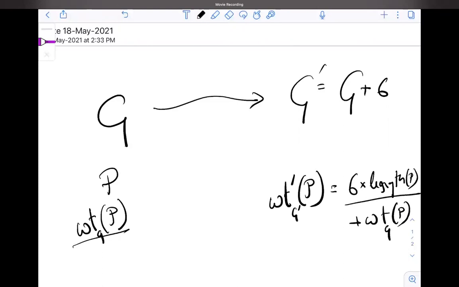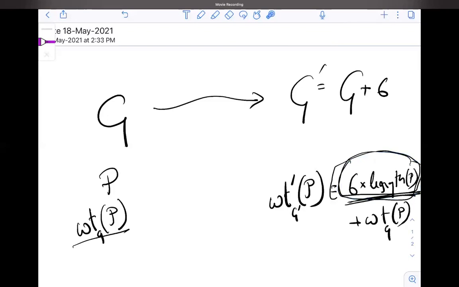Because the lengths of all paths are not the same, there are some paths of smaller length, some paths of bigger length. So different quantities will be added to different paths. If a path is of a small length, less amount will be added. If a path is of a big length, a big amount will be added. So it will give an unfair advantage to paths of smaller lengths.